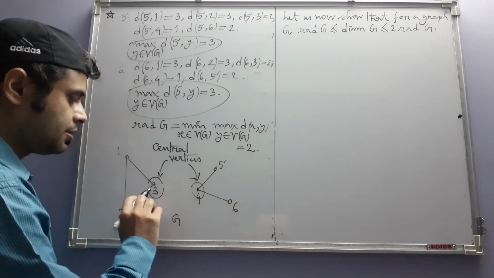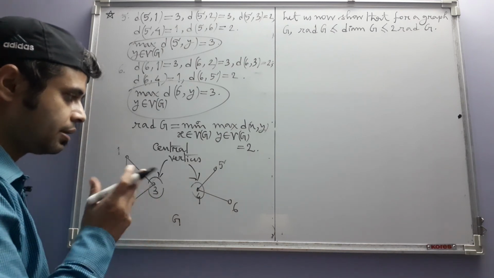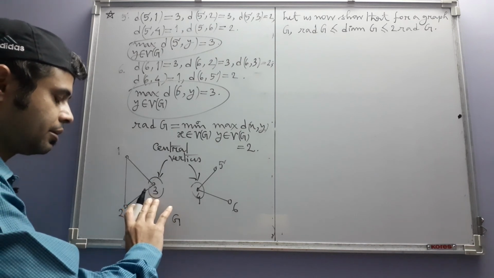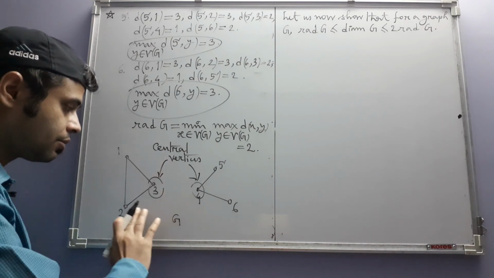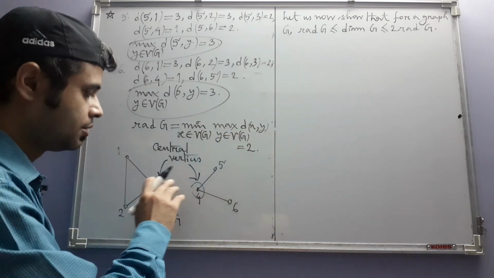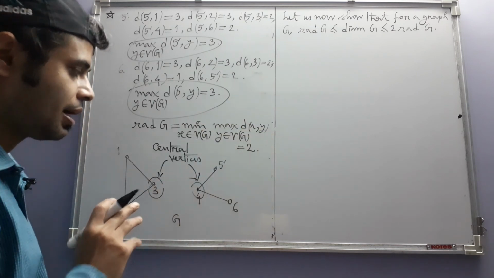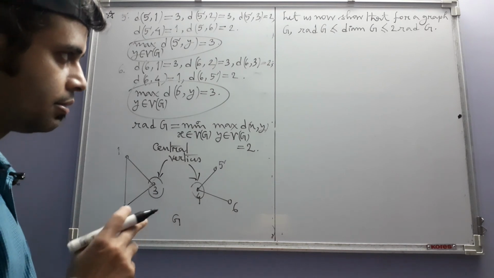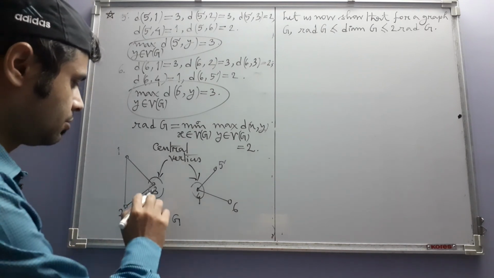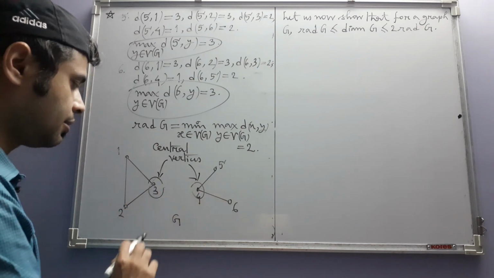And the vertices whose removal makes a graph disconnected, or more generally makes the number of connected components go up, such vertices are called cut vertices, and correspondingly such edges are called cut edges. So here 3, 4 is a cut edge.